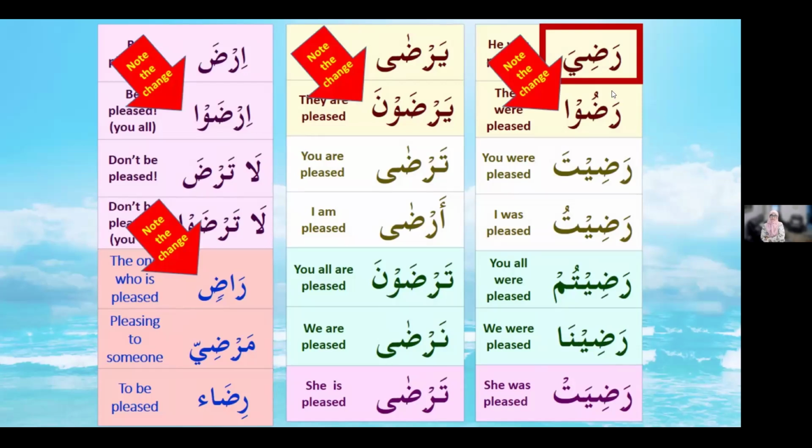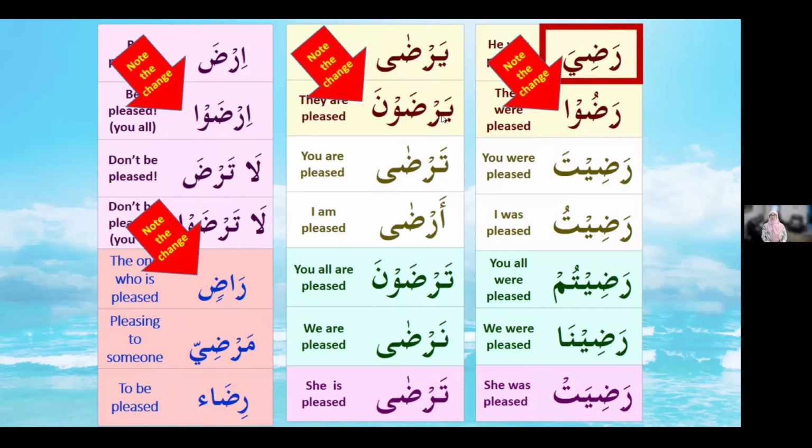Now you have to just remember and note these changes. The first change is radiya became radu. So you should remember, radiya, he was pleased. Radu, they were pleased. And in fa'al mudari, yarda became yardawna. So this is something you have to remember.